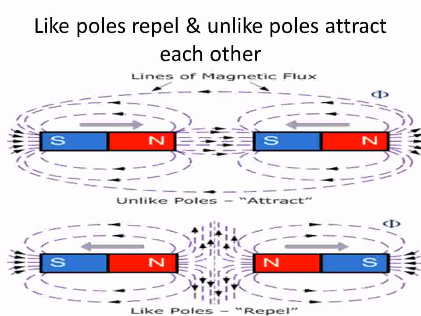These lines of magnetic field show force of attraction between the opposite poles, North and South pole, in diagram 1, and force of repulsion in diagram 2.